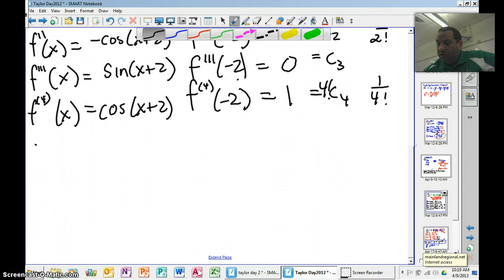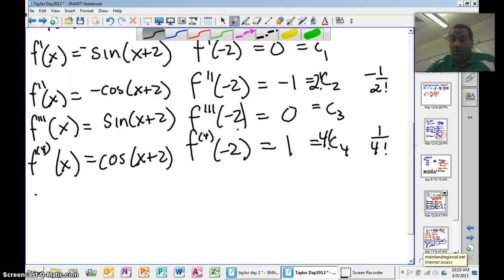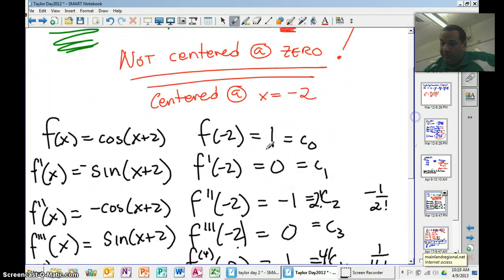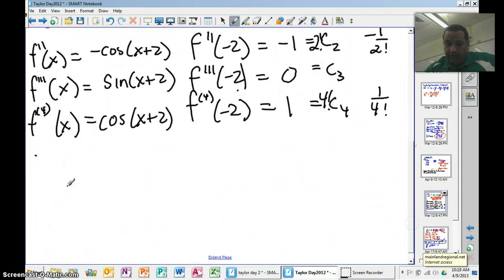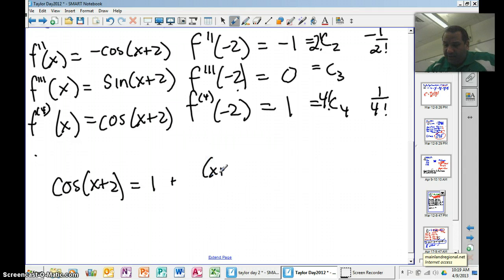When I go and do the series, the only difference here is we start with C0, which is 1. So the series generated by cosine of x plus 2 is going to be 1, then plus x plus 2 quantity squared over 2 factorial.